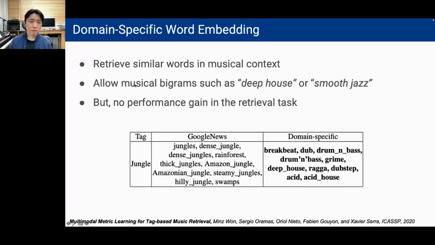In addition, the domain-specific word embedding includes music bigrams such as deep house and smooth jazz. However, they report that domain-specific word embedding did not help increase the performance in the retrieval task.